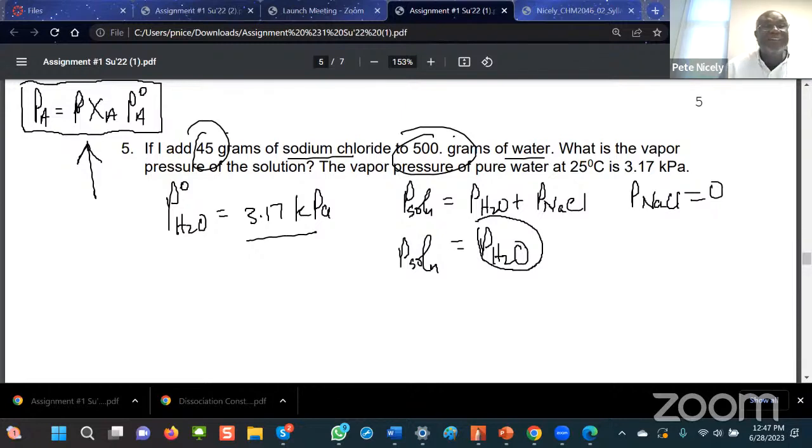Okay, so mole fraction of water. How do we calculate that? What's the formula for calculating mole fraction?